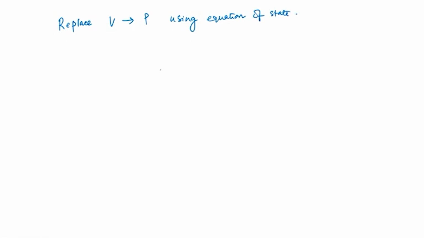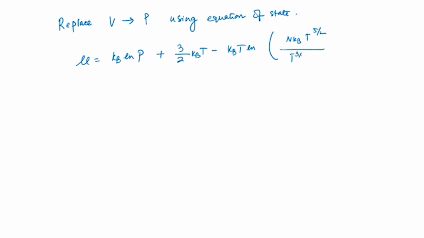And once we do that, we get an equation which is k log P plus 3/2 kT minus kT log of (NkT)^(5/2) and T to the power 3/2 V naught and so on.